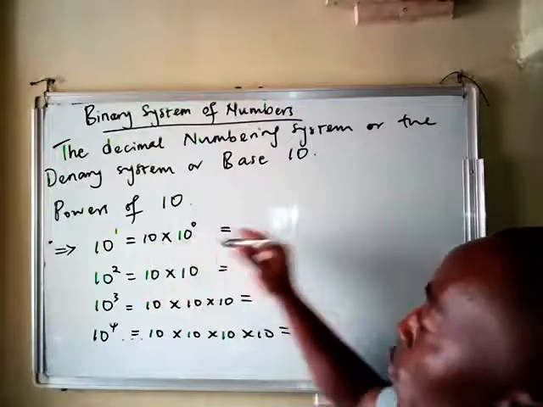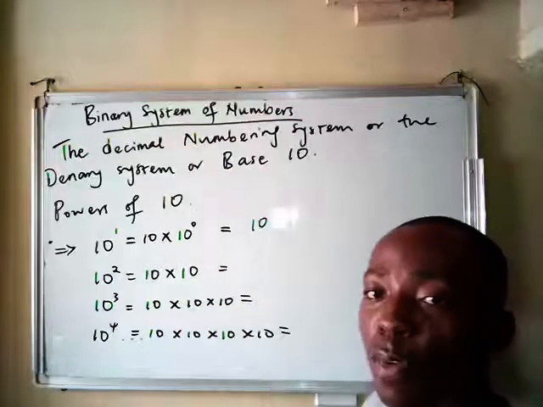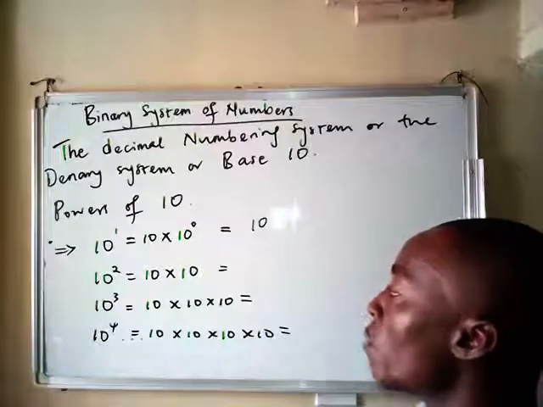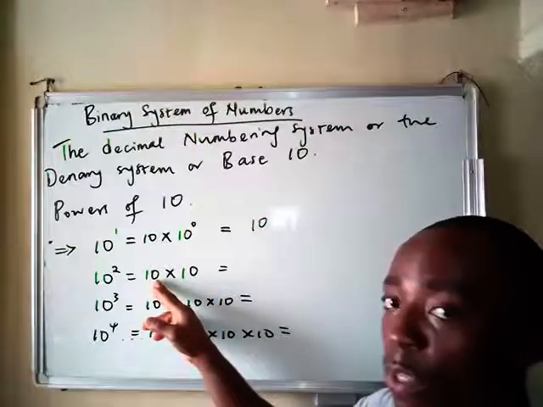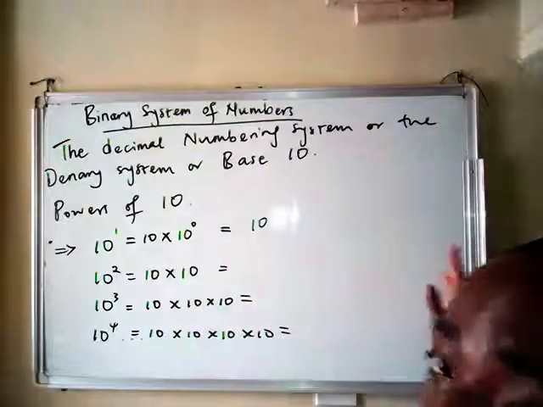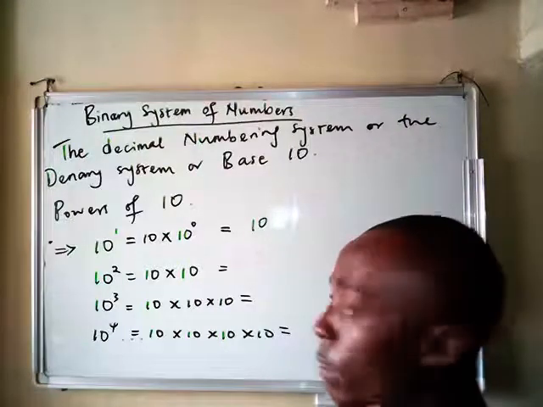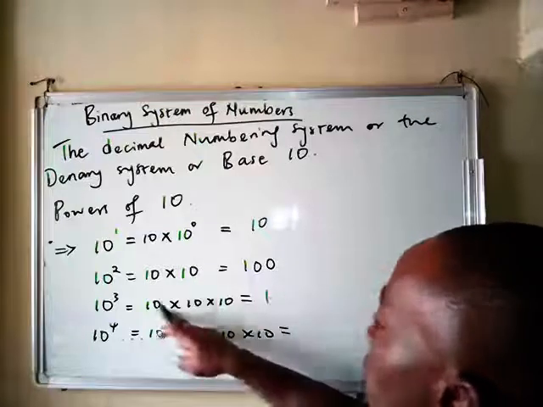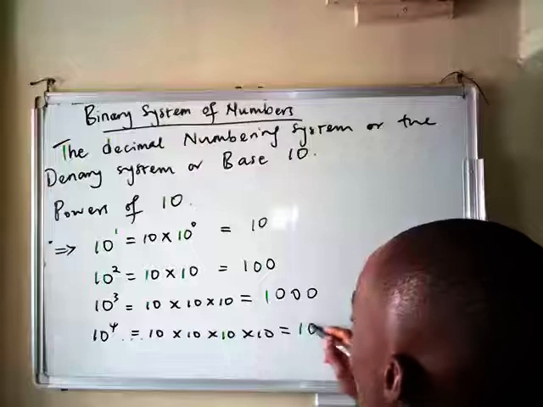This one is 10 times 10 times 10. This one is 10 times 10 times 10 times 10. These are known as your powers of 10. Now we know that in your indices, you see the powers there, the standard form of numbers.